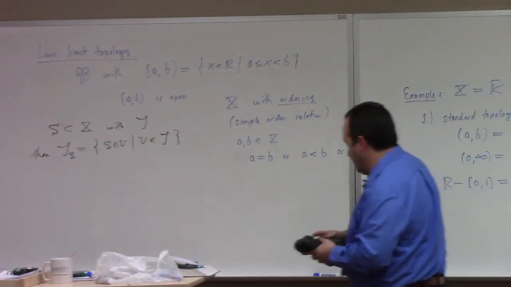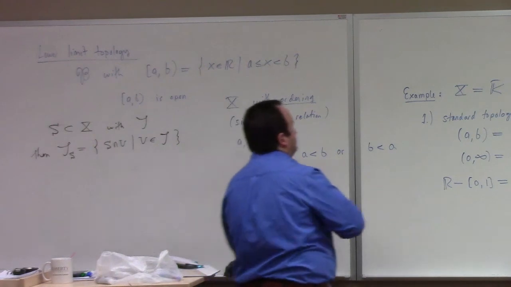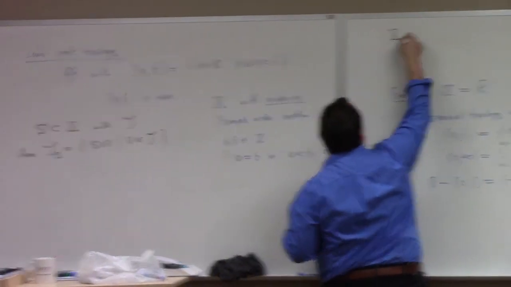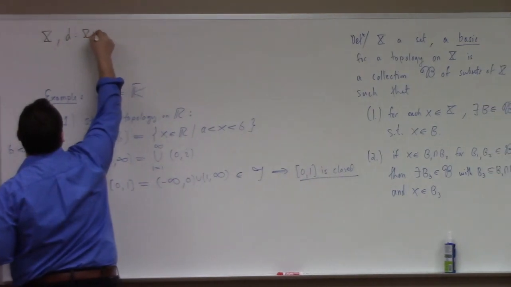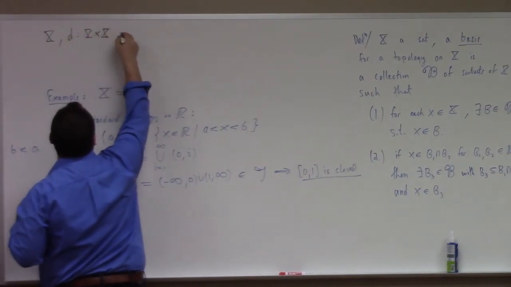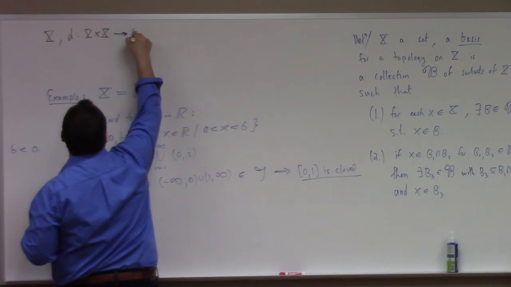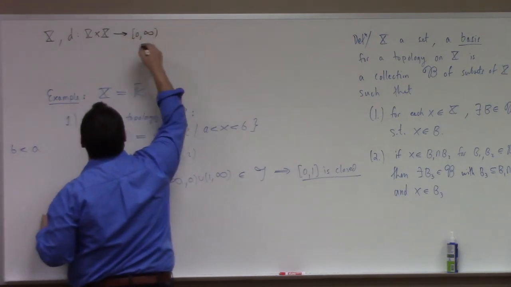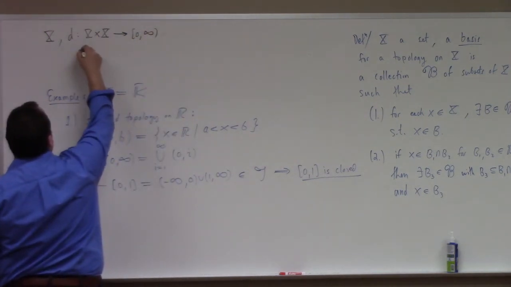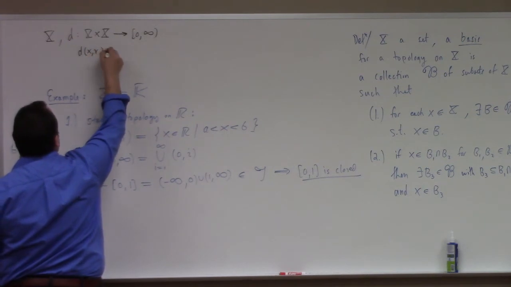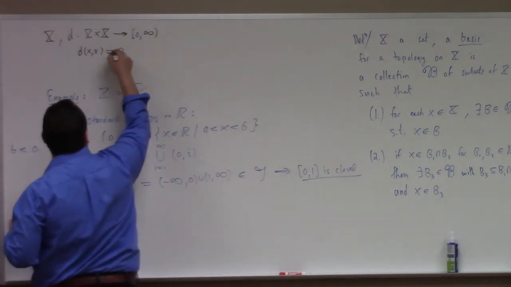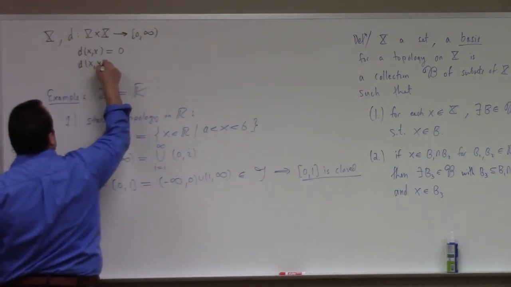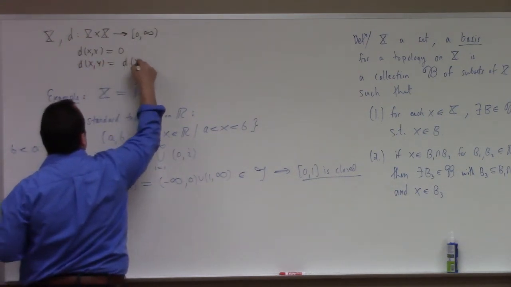So like the metric topology, if you have X and you've got a distance function, which is X cross X to the non-negative reals, then the distance function has what? The distance from X to X is what? 0, right? What's the distance from X to Y as it compares to the distance from Y to X?